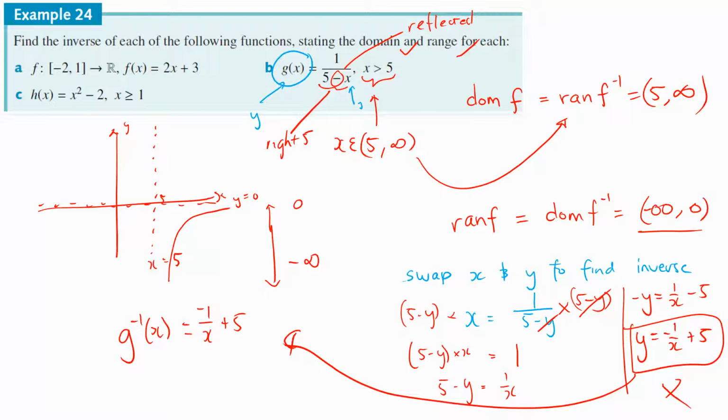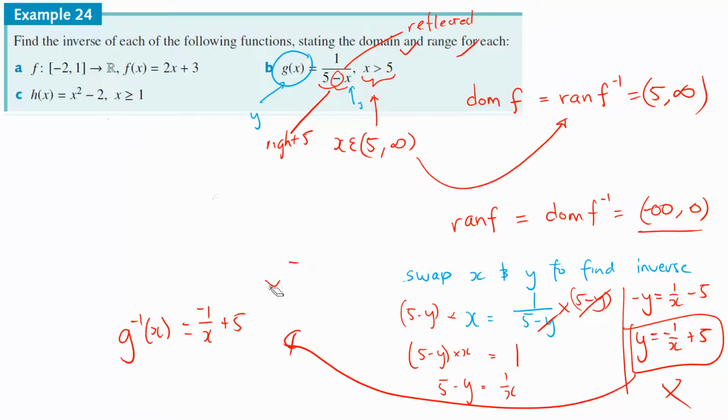Now, if you want to extend this for next year, for year 12, what we would then do, if they said define, okay, right now it just says find the inverse, but if they say define a rule, or determine the rule for the inverse, what you're meant to do is write it with function notation. Now, if you remember function notation, it starts off with a letter. So in our case, we did g inverse, semicolon, you state your domain.